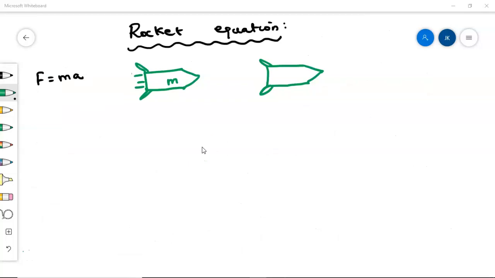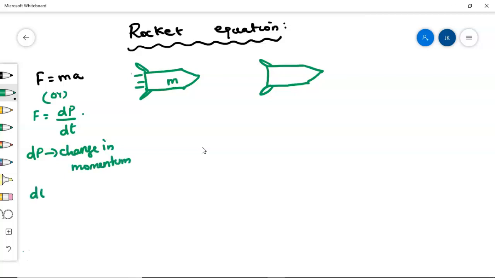Here we are going to derive the rocket equation with the help of Newton's second law, F is equal to ma. There is another formula, the rate of change in momentum. So here dp is change in momentum, and dt is a fraction of time, some given amount of time.